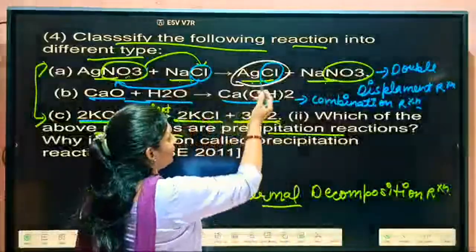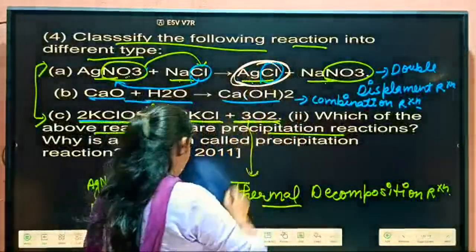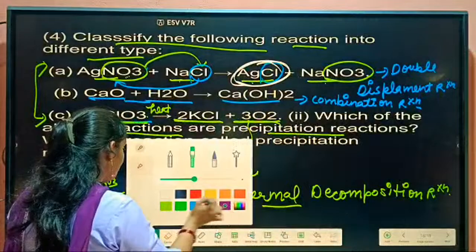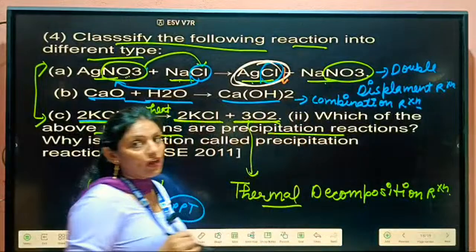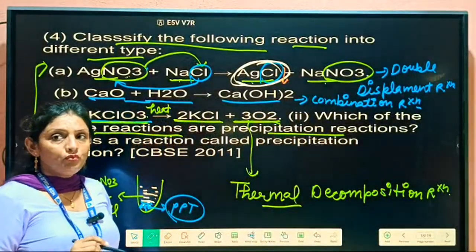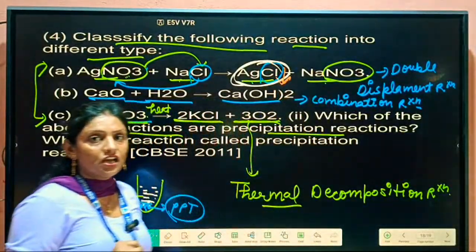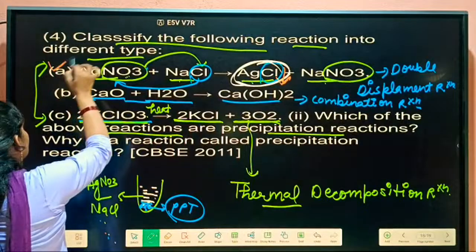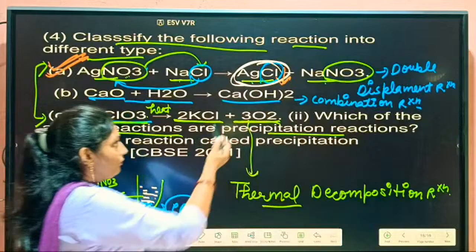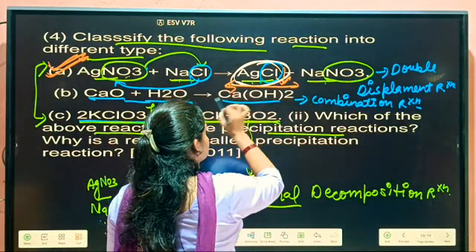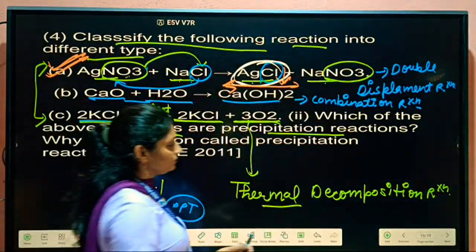We will get a PPT of silver chloride here. We can show the formation of PPT by a downward arrow. So this one is the precipitation reaction, where precipitation of silver chloride forms.